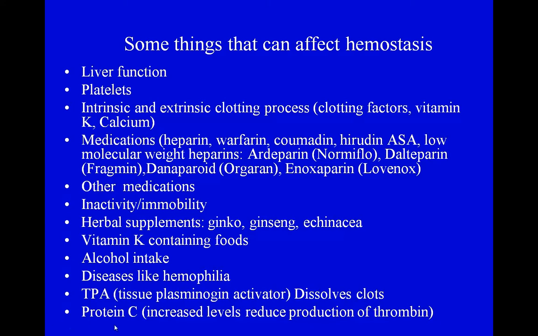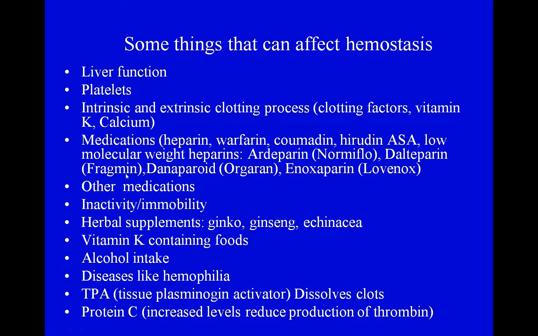Okay, protein C. There's a thing called activated protein C. It increases levels and reduced production of thrombin. So it causes decreased production of thrombin, and it makes it more likely for you to bleed. Protein C, or activated protein C, is a medication or a type of medication that we would give to patients who are critically ill with sepsis, an infection in their bloodstream.